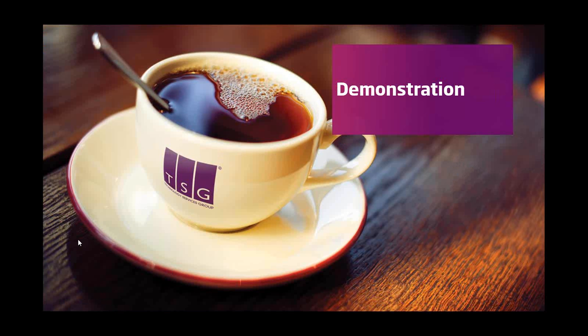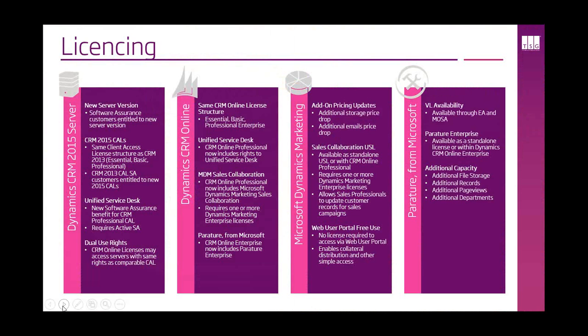Now, before we go into any questions, and you've got a couple of minutes to get those in, there's a change to licensing to update you on, which I just want to make you aware of. It is an improvement. Don't worry about the amount of information on this screen. I'm not going to test you later, but I'll just bring out the salient points. If you have CRM Online, then you can access an on-premise version with the same access rights as you have if you have online.